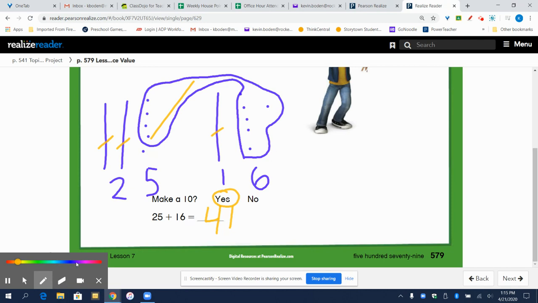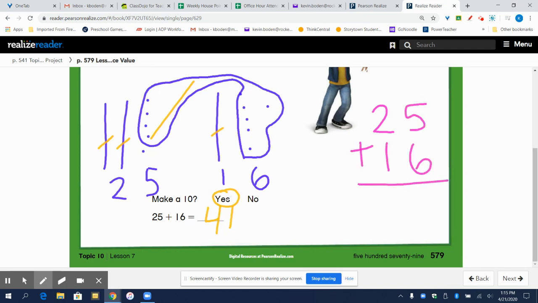So let me get a different color so it doesn't distract anybody. This time we're going to do 25 plus 16. And here's what we're going to learn today. What we did over here is we looked at the number 2 10s and 5 1s, 1 10 and 6 1s. We looked at the ones place. We looked at the 5 1s here and the 6 1s here. And we determined that, yes, we can make another 10 frame.